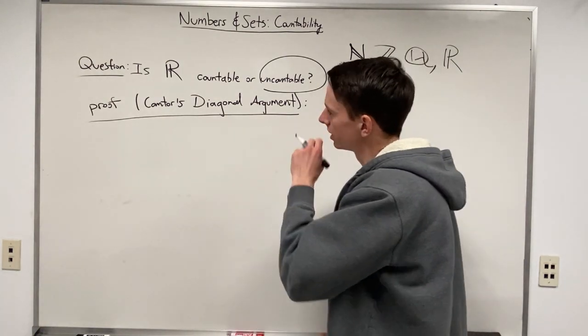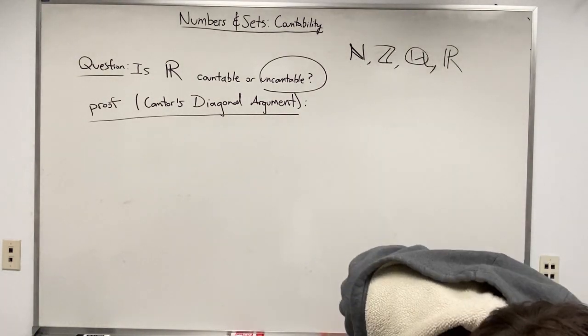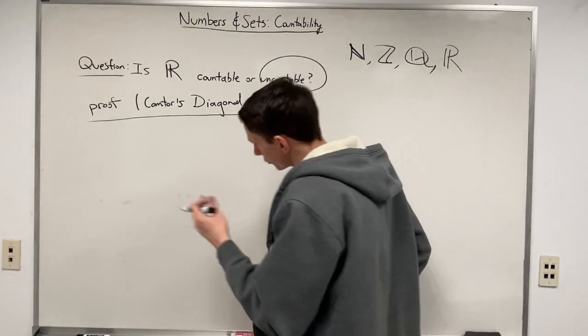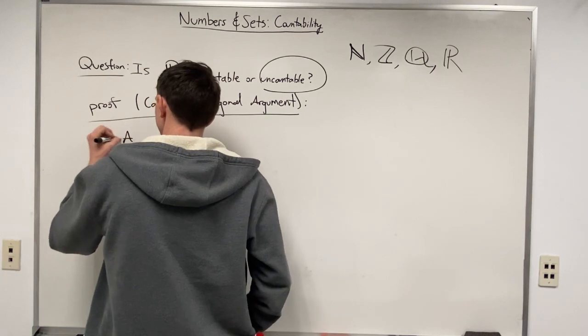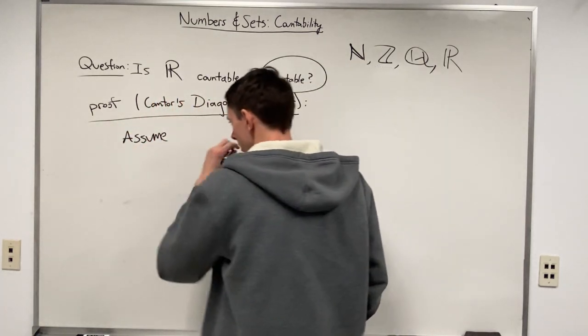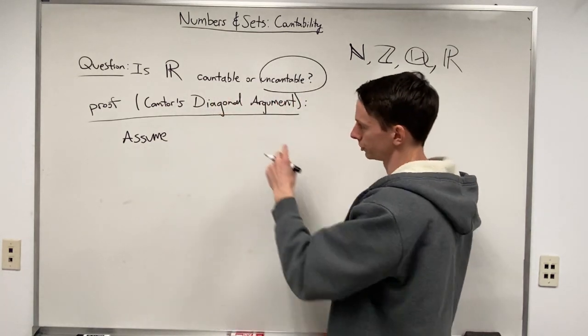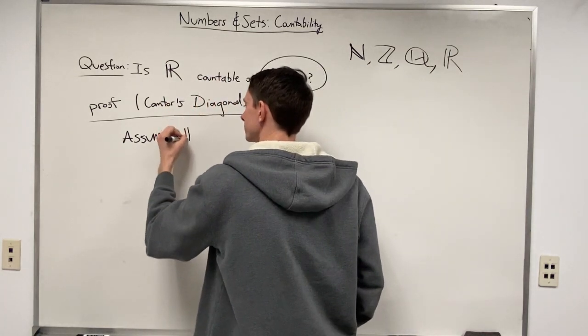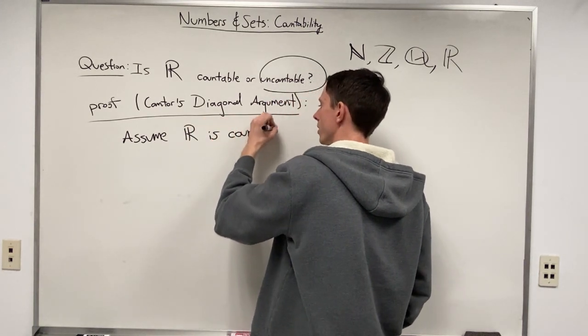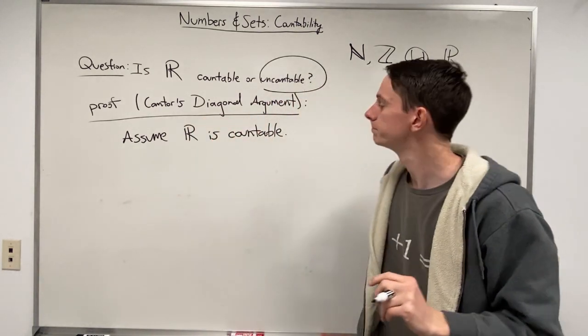It's called Cantor's diagonal argument. Essentially what he does is a proof by contradiction, where we start by assuming the opposite. We're going to assume that R is countable, and then arrive at a contradiction.